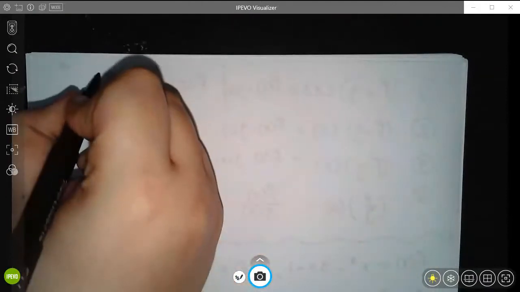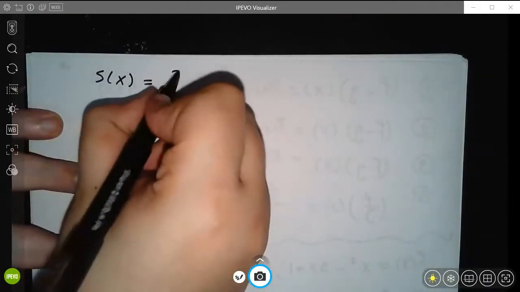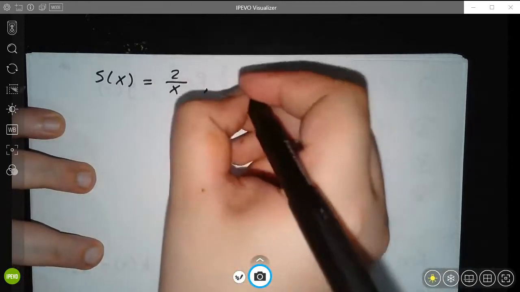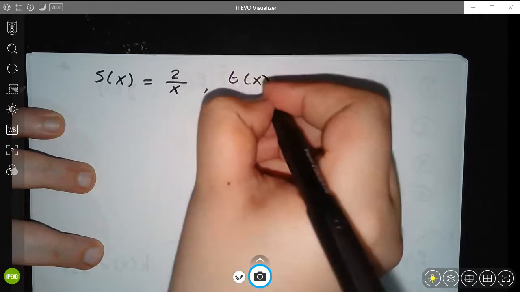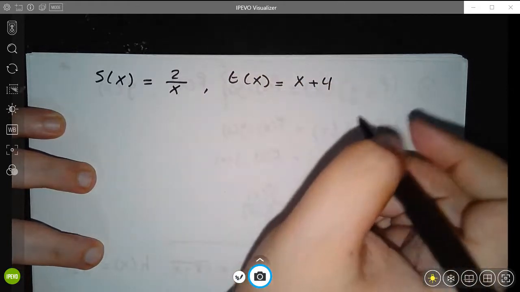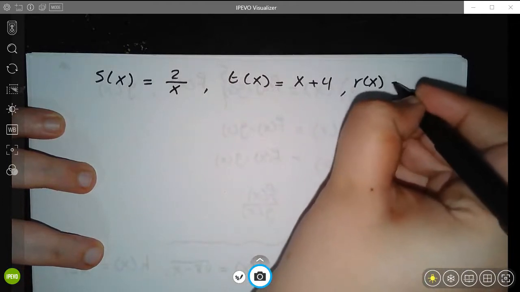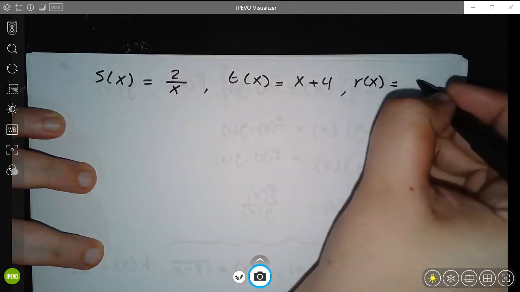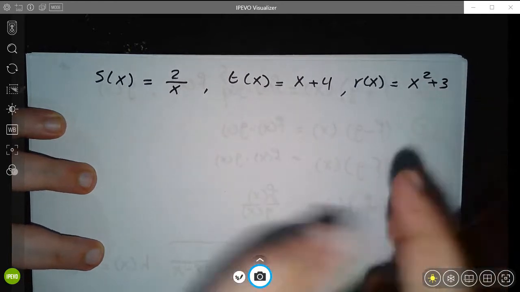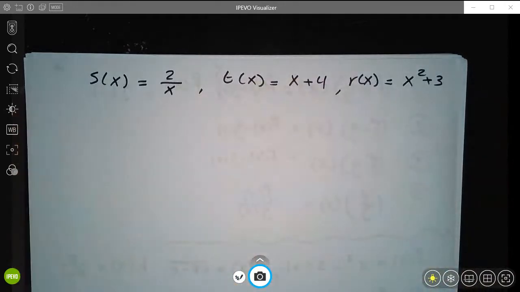So, first one is s of x, and we have 2 over x. Second one, we have t of x, and it is x plus 4. And the third one, we have r of x, and this one is x squared plus 3. So we have a linear, quadratic, and a rational.